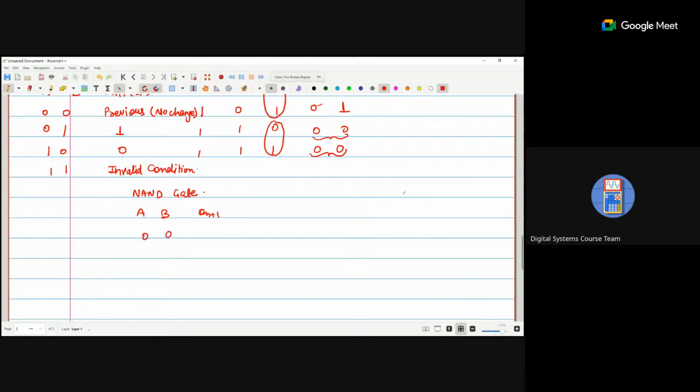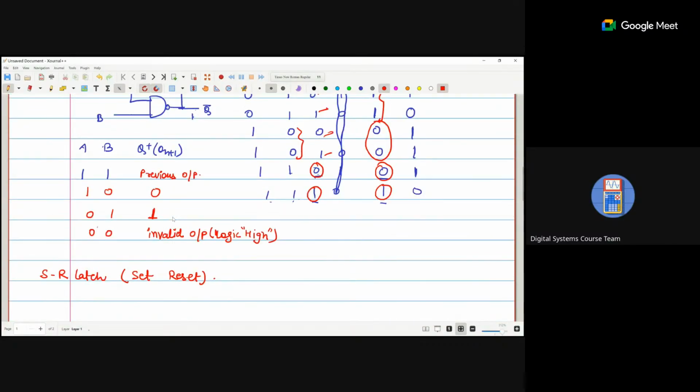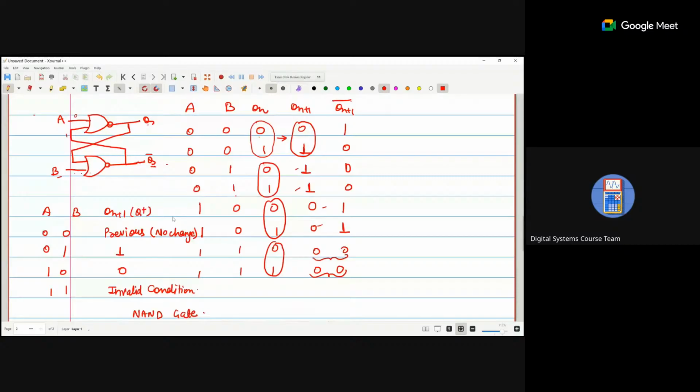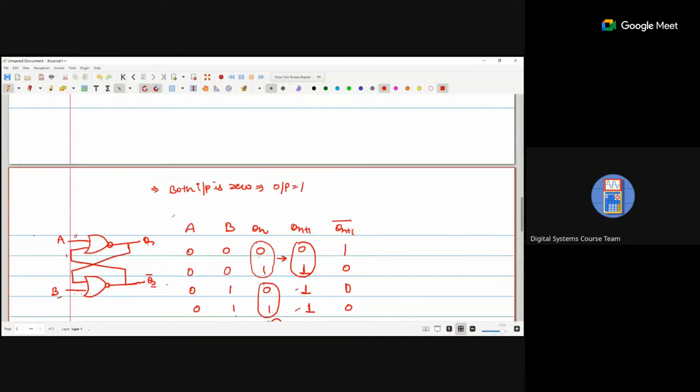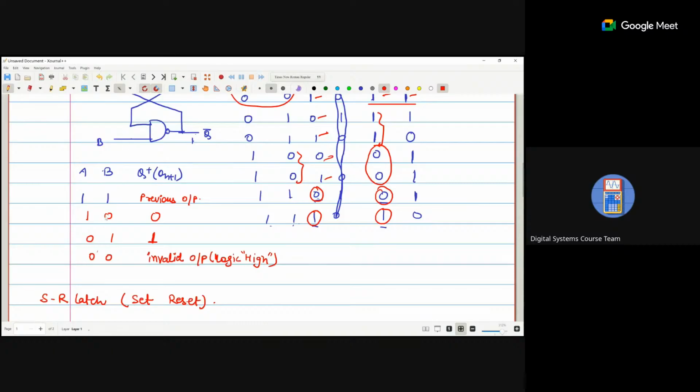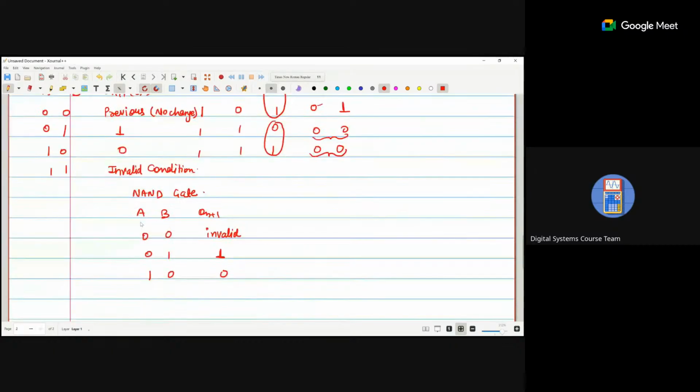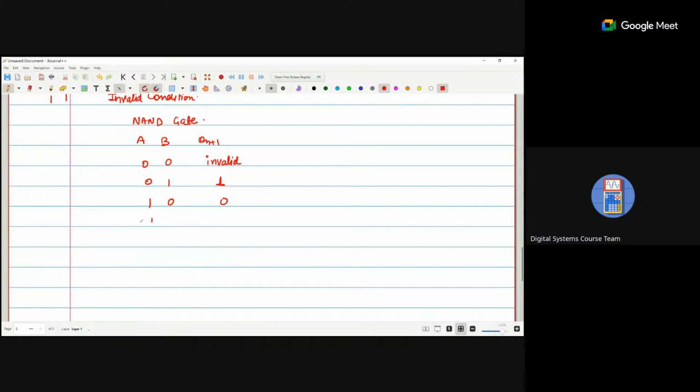So 0, 0 is the invalid. 0, 1 is 1. 1, 0 is 0, and 1, 1 is no change.